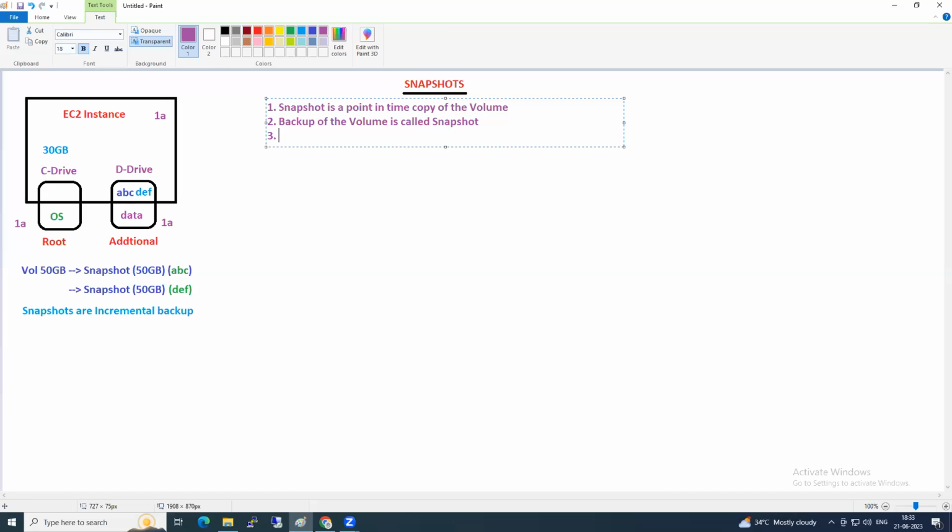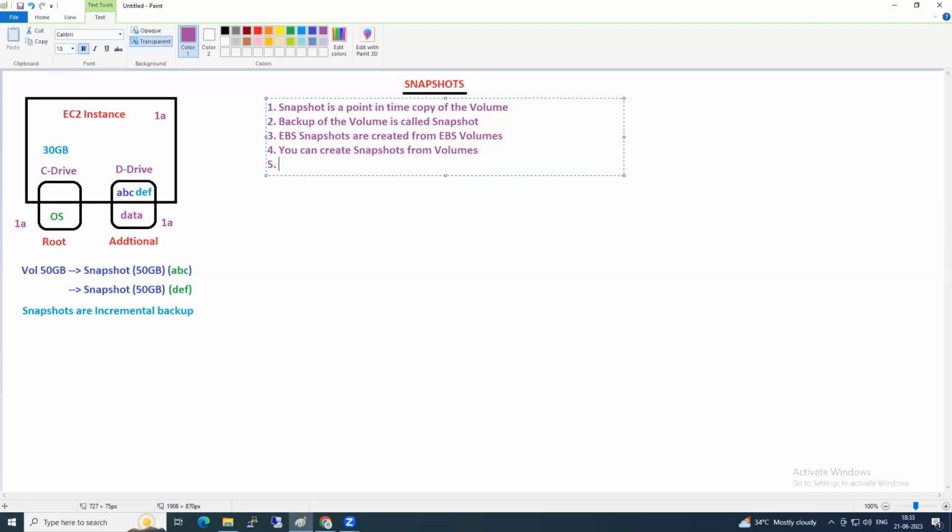Number 3. EBS snapshots are created from EBS volumes. Agree? You can create snapshots from volumes. That is a backup only. A volume has availability zones.